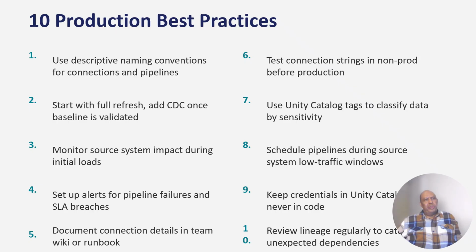Number 7 is use Unity catalog tags to classify data by sensitivity. Again, this is a very useful one. Say, for example, if you have a table which has PII data in it, or a column which has PII data, you need to put a tag on that to classify it.